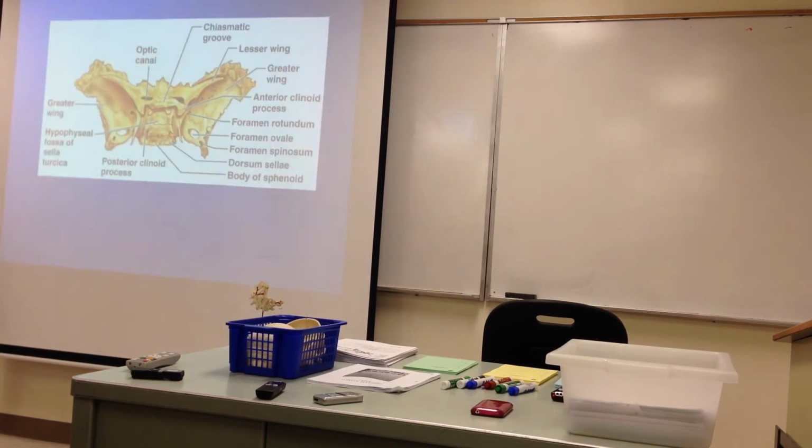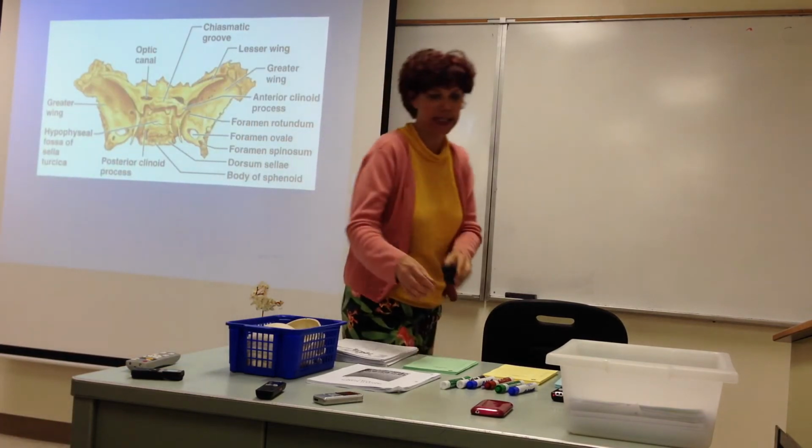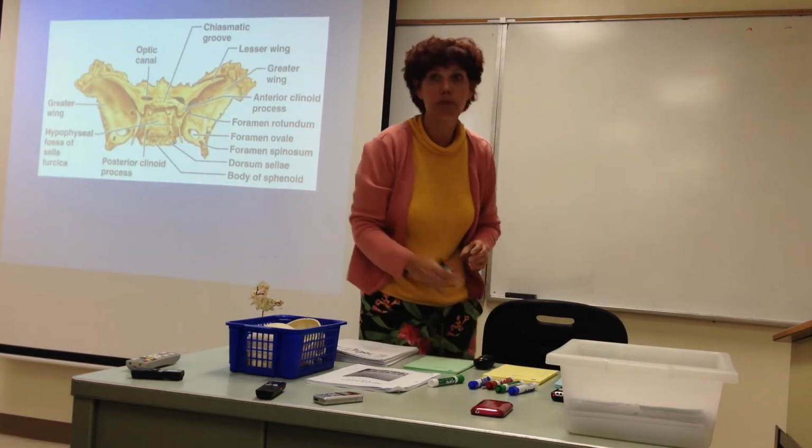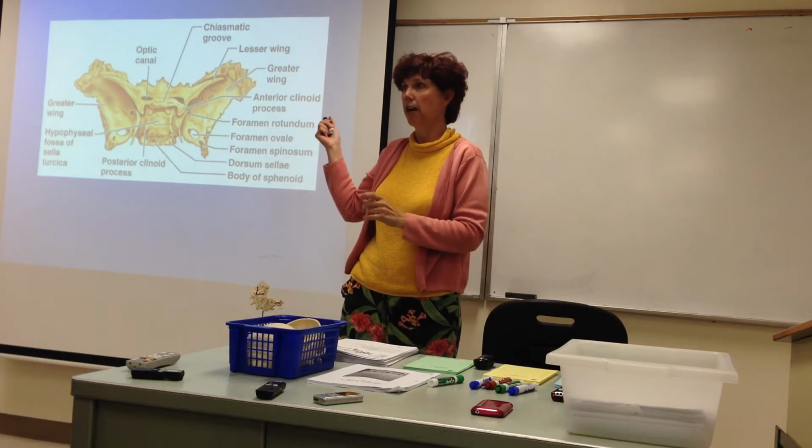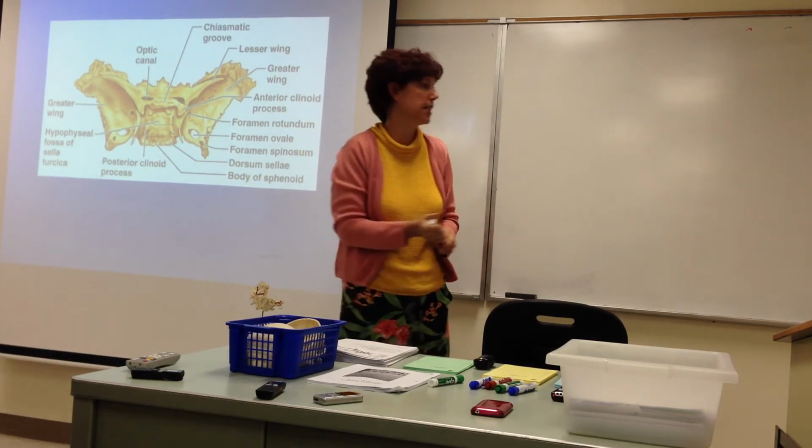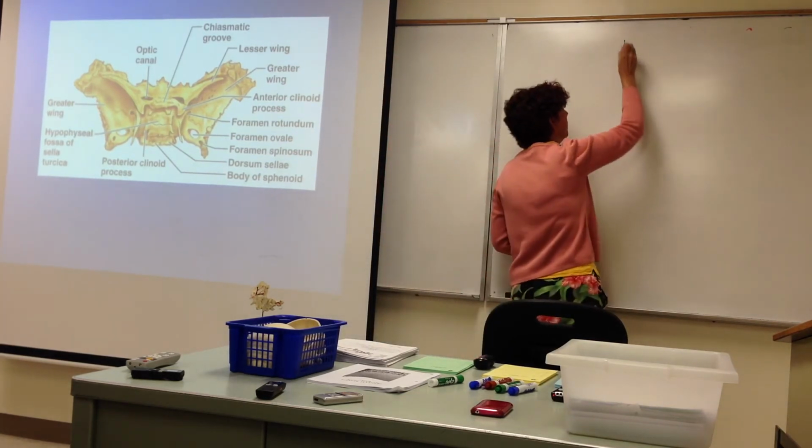All right, now let's go back to this view and identify the openings. Before I do that, I'm going to review the trigeminal nerve that we first started talking about from the front view of the skull on Tuesday, because most of the openings that we talk about are continuous passageways for the trigeminal nerve.